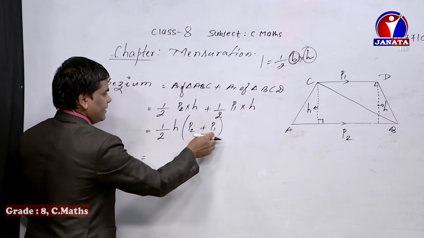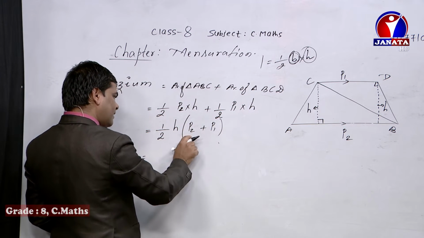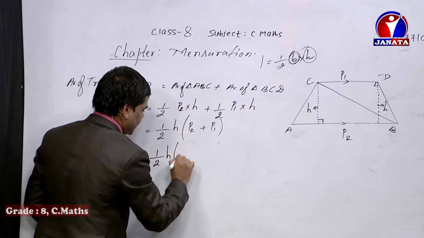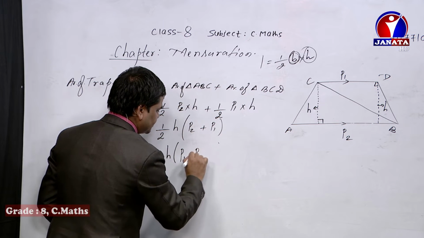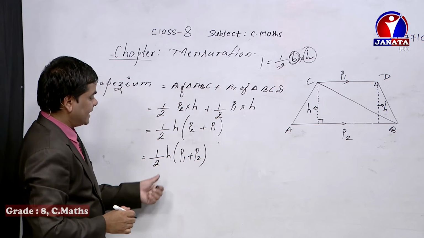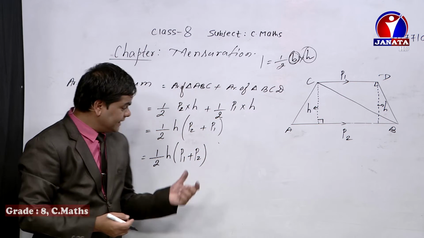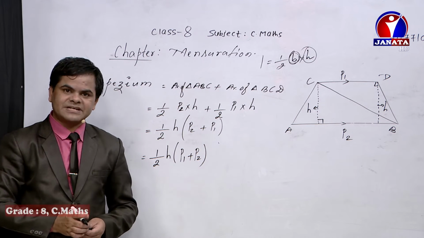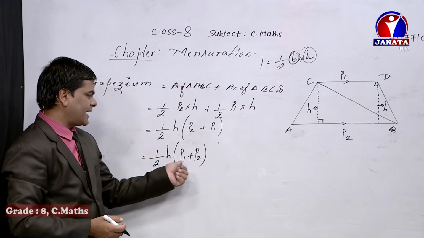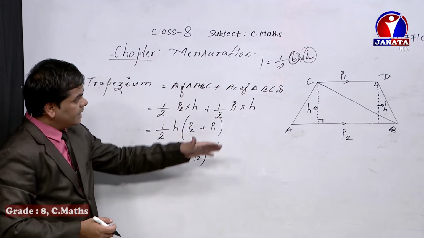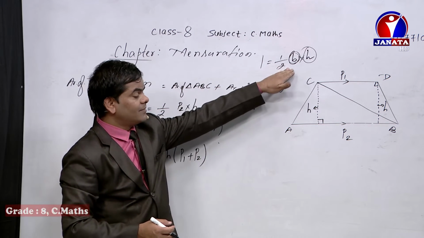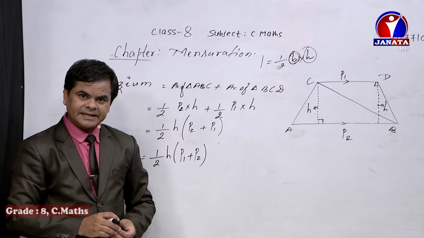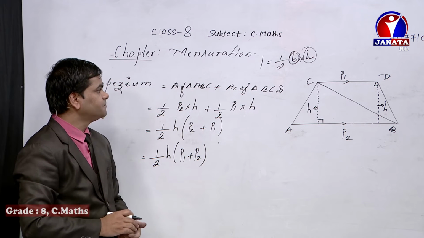Now, alphabetically if you write, then P1 comes in here, and P2 goes that side, and overall the formula is derived as 1/2 bracket P1 plus P2. So, in this way, in your book you will see the area formula of trapezium as 1/2 (P1 plus P2) h. But if you know how to derive this formula, then you can derive it whenever necessary, rather than doing rote learning.